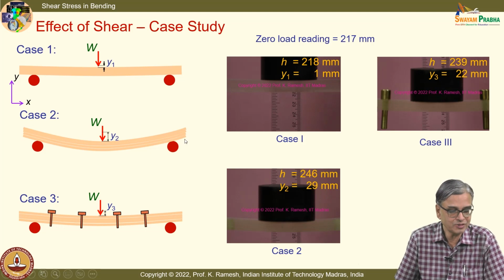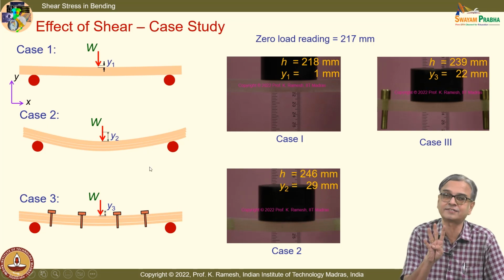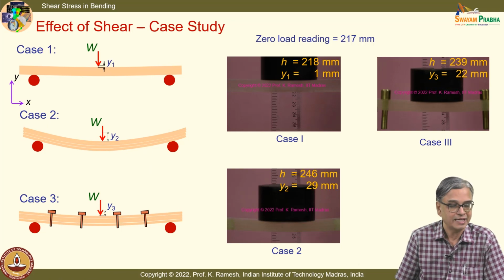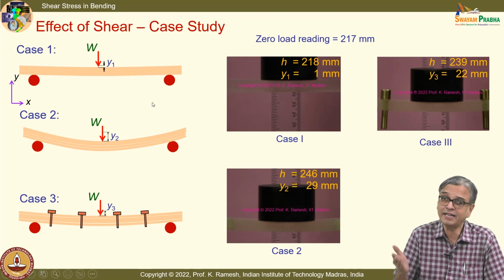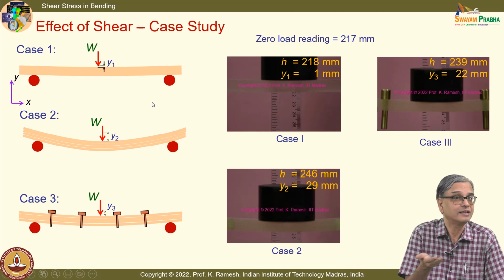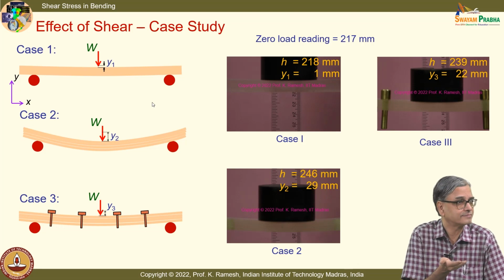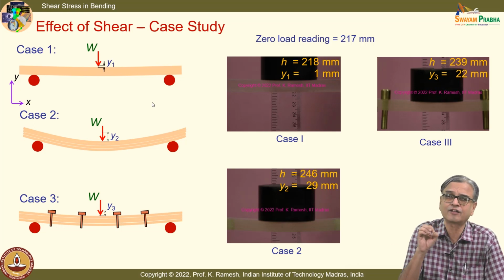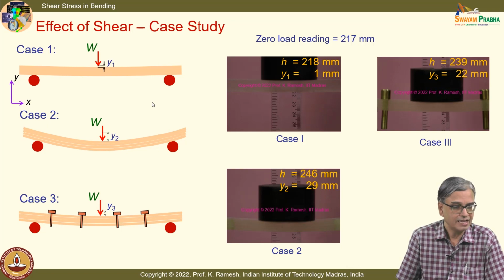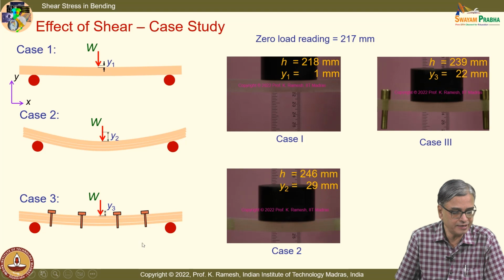See, for the purpose of illustration, what happens when I have a layered beam? I have taken 4 layers. And if you really look at the beam, I can imagine infinite layers of very thin cross section, very thin depth. And even when I do the pinned case, I have just put 4 pins.